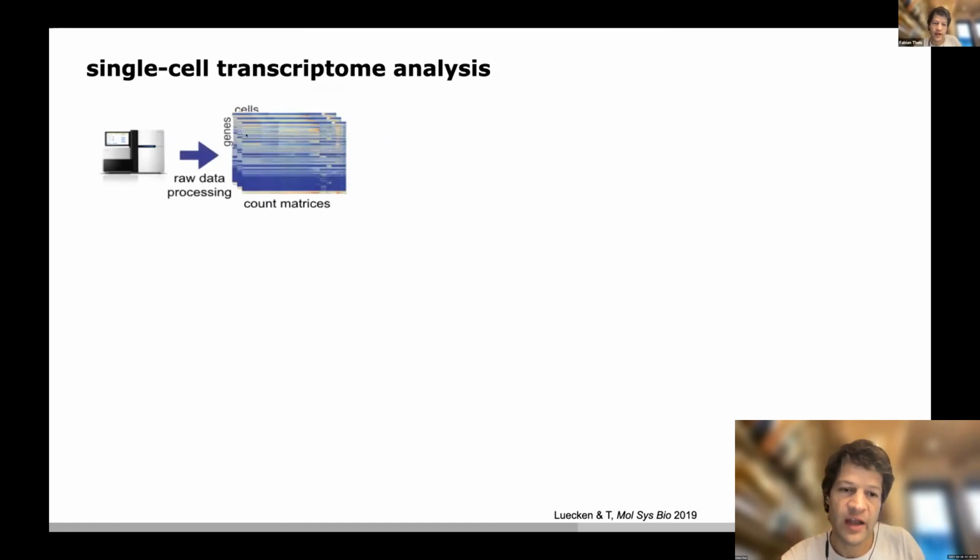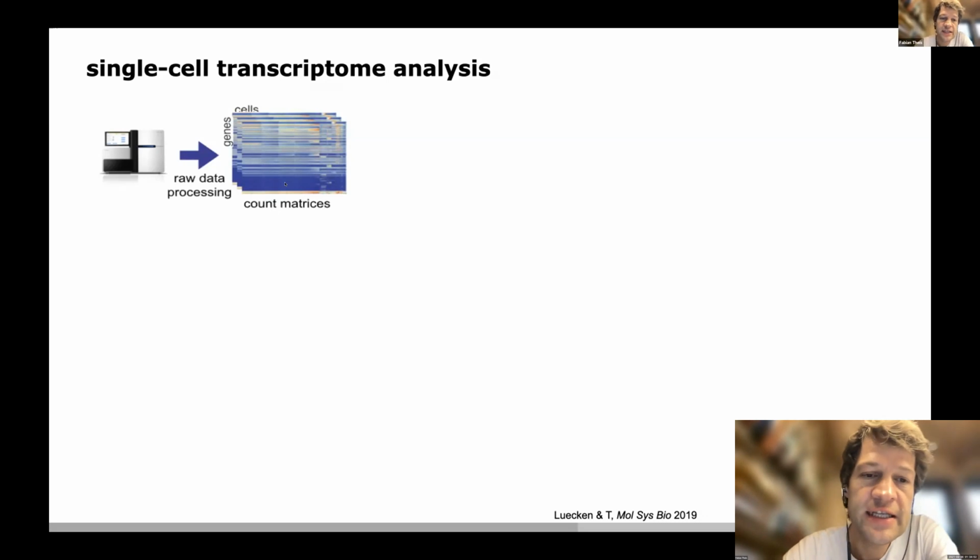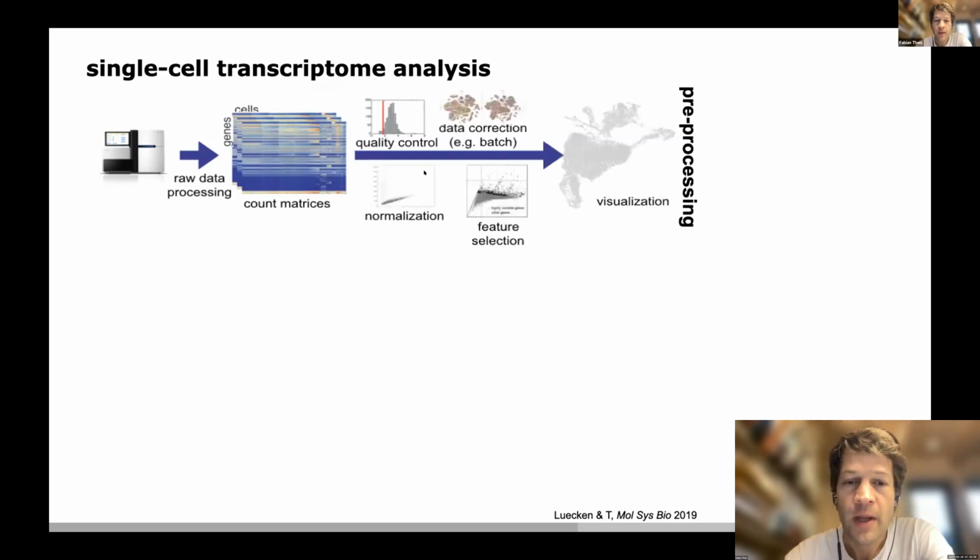Now that they're so commonly available, you have a bunch of count matrices, genes times cell matrices, and you see now they're longer, right? They used to be tall. And then you have to do all kinds of pre-processing, such as QC, potentially data correction, potentially across batches, often very nonlinear things, normalization, feature selection. And then the typical first step is that you visualize whatever you have as an outcome, right? So you make a two-dimensional, often nonlinear dimension reduction.